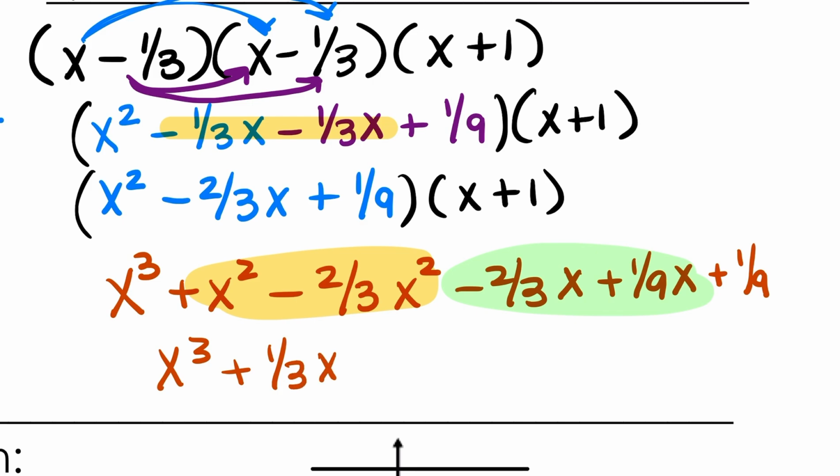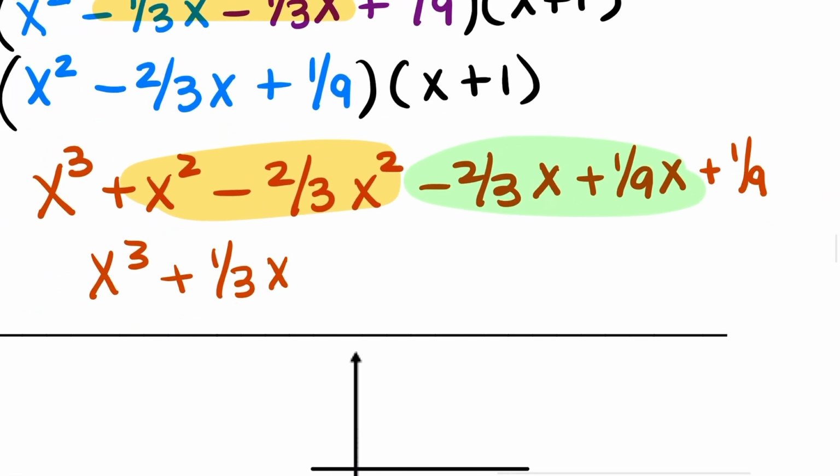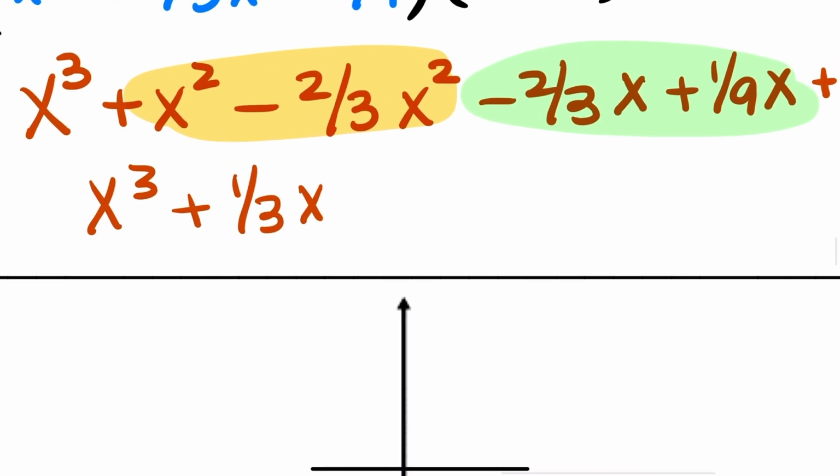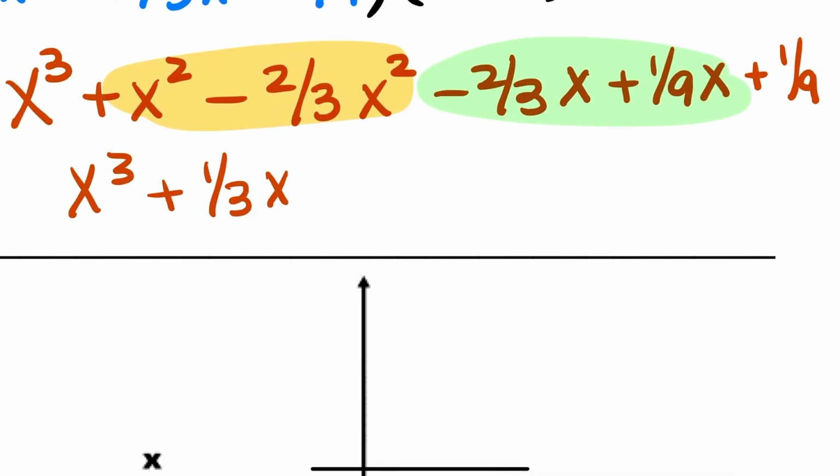And then you have negative 2/3 x. You're adding a 9th. Well, when you're adding fractions, they should have like denominators. So we have a denominator of 3 and a denominator of 9. Well, we can multiply this fraction by 3.